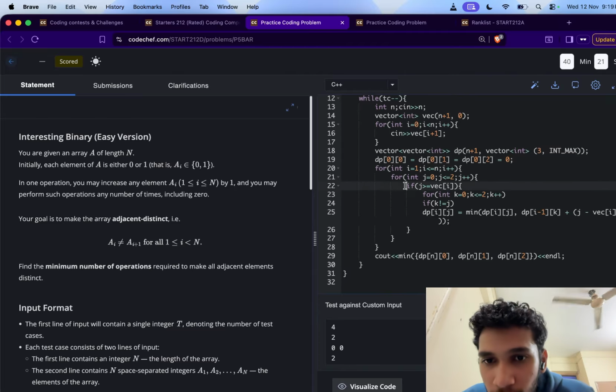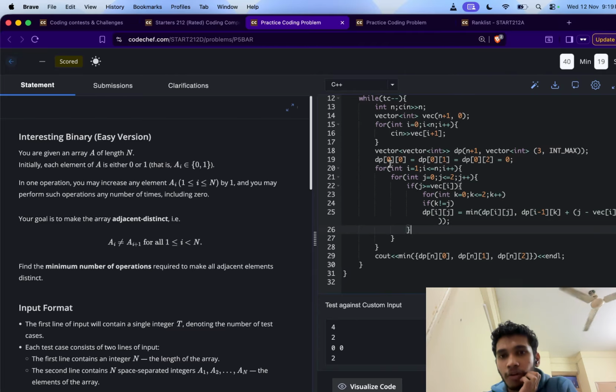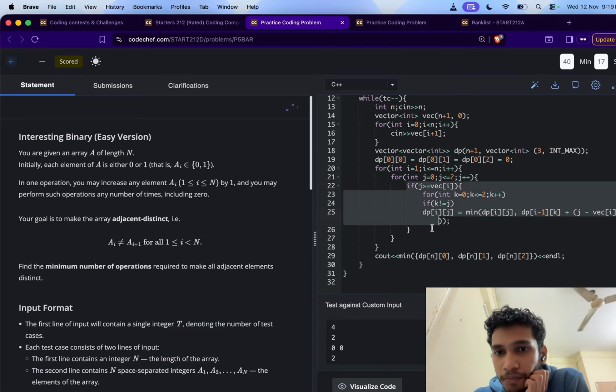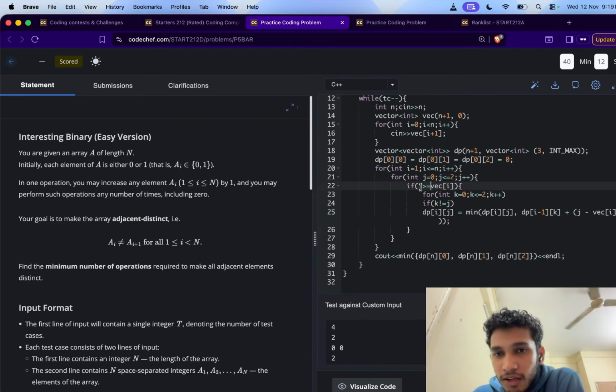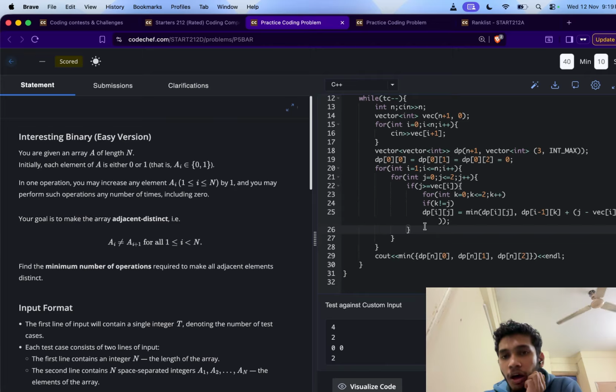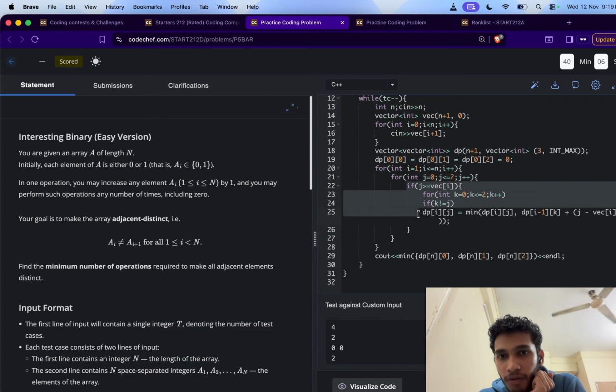Now let's go to the recurrence part. We can only increase an index, we cannot decrease it. So the first constraint is that the new value should be greater than or equal to the current value.